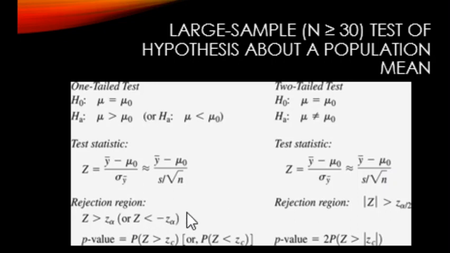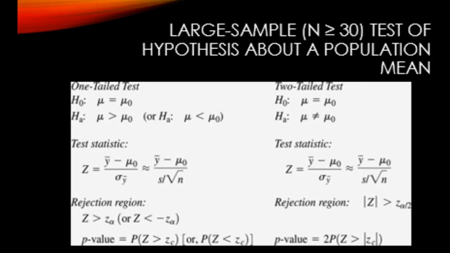Now, if we were using the rejection region, we discussed that earlier. The rejection region would be on a normal distribution, and then depending on our choice of alpha, we will either mark the right hand side of the distribution or the left side of the distribution.